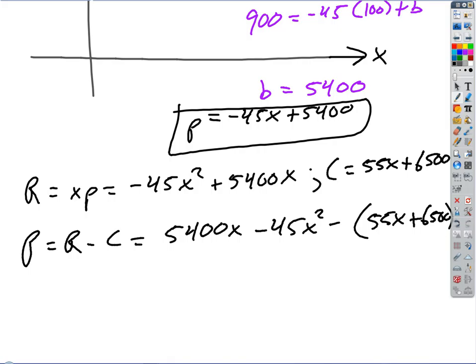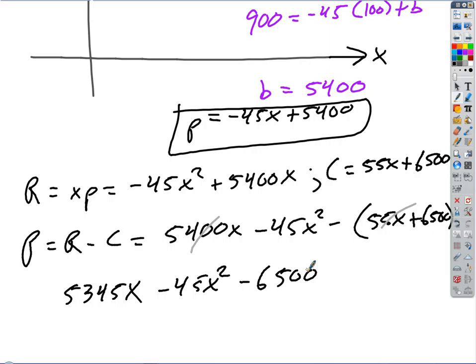Yeah, it's 5345x when we add those terms up, minus 45x squared, minus 6,500 is our profit, right? Okay, now let's go do our calculus again.